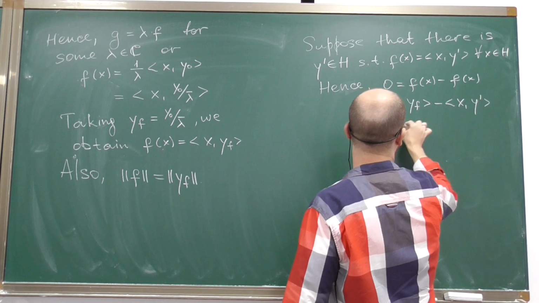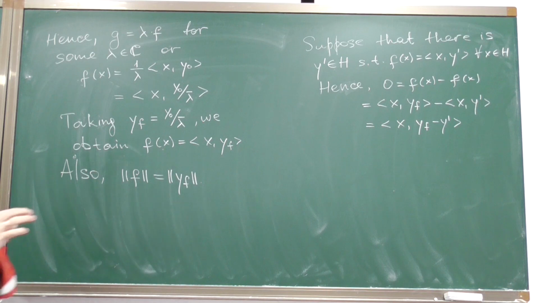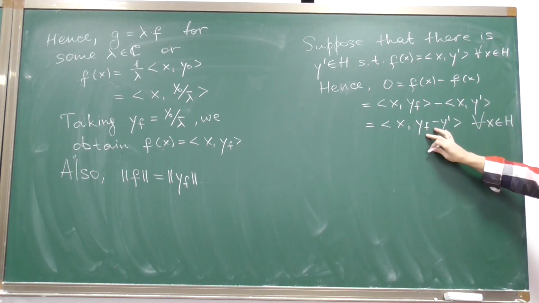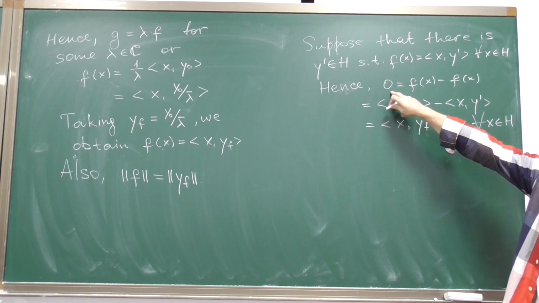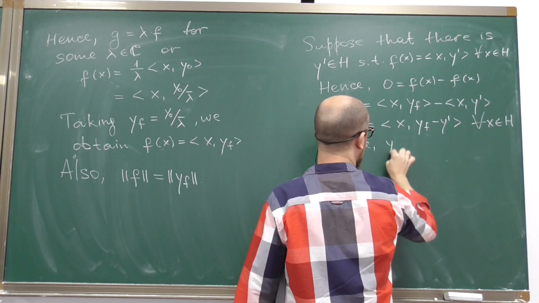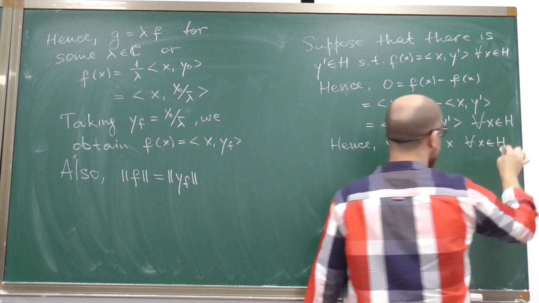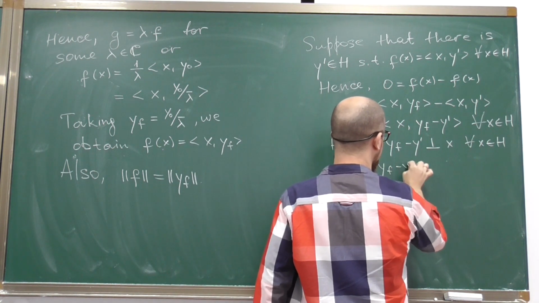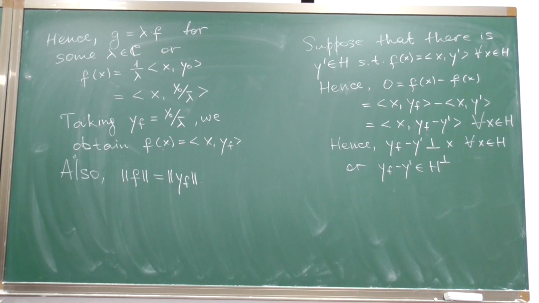or by linearity, by the properties of the inner product, which is true for every x from H. So the inner product of this element with any element from H equals 0, which means that y f minus y prime is orthogonal to any element from H, or equivalently y f minus y prime belongs to the orthogonal complement of H. But what is the orthogonal complement of H? 0.